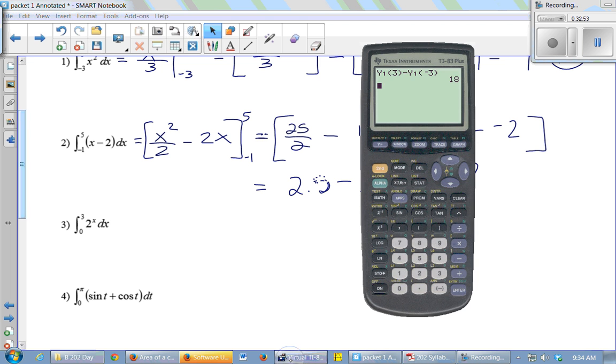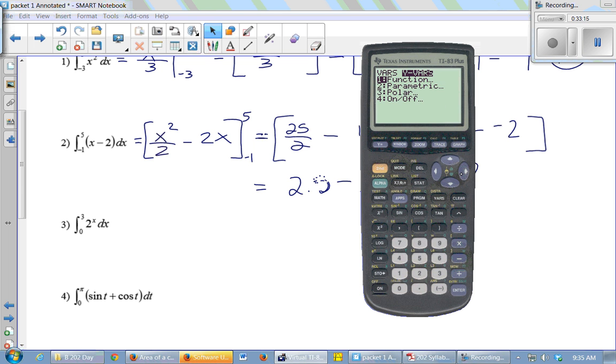And again, we could do a similar thing with the calculator. Just type your antiderivative into y1: x squared over 2 minus 2x.